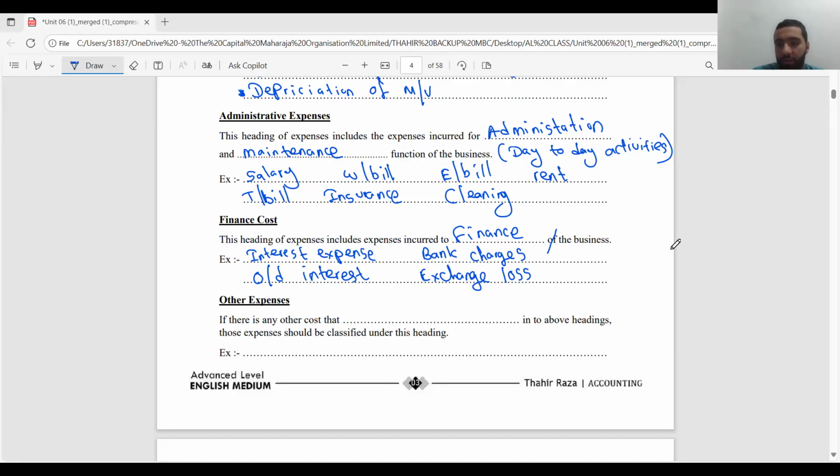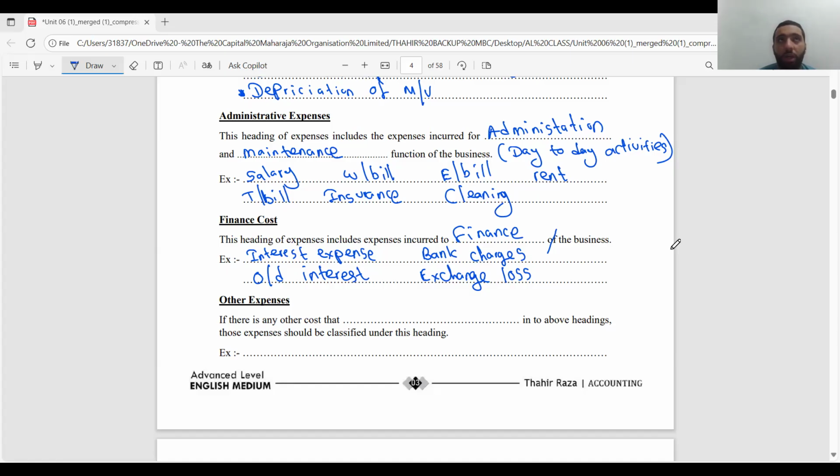Right. That means it's visible to everyone. So this is what exchange loss is. Any loss due to foreign currency rate. Now it's not the time to explain how this foreign currency loss occurs. Okay. Let me tell you.